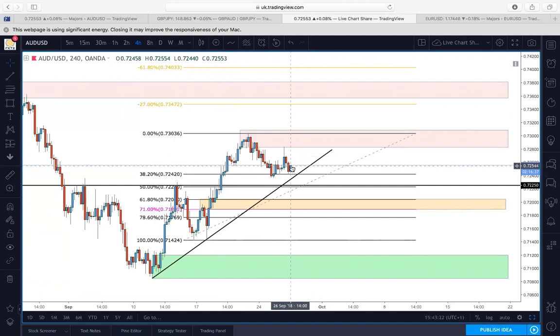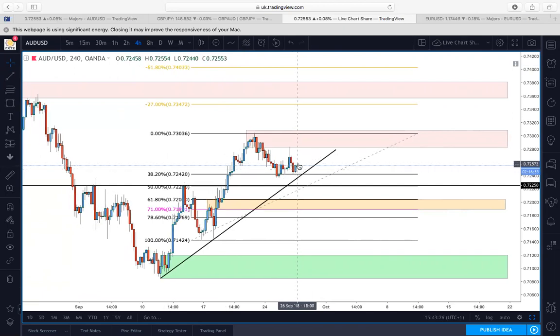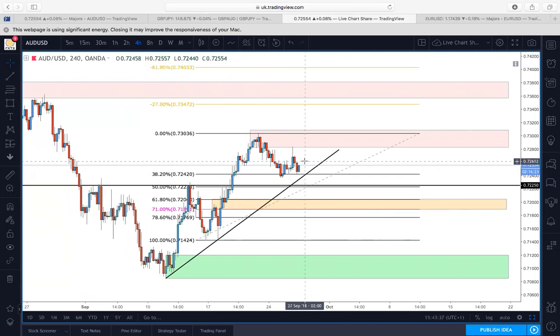So this bullish move here means nothing until the candle's closed. And even if the candle closes as a bullish bar, it means nothing if it doesn't close as a bullish engulfing bar. The only time you would start to think, okay, maybe it's bouncing off the 38.2 is if you get a bullish engulfing bar.